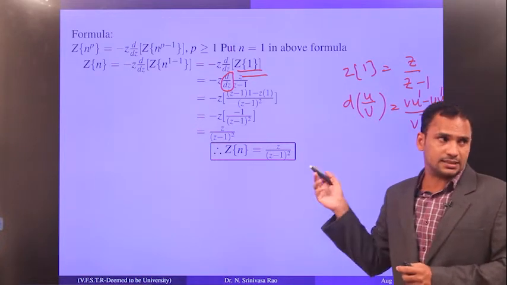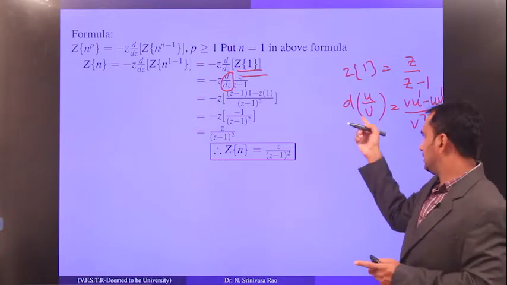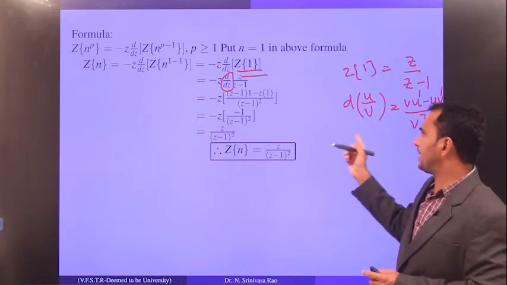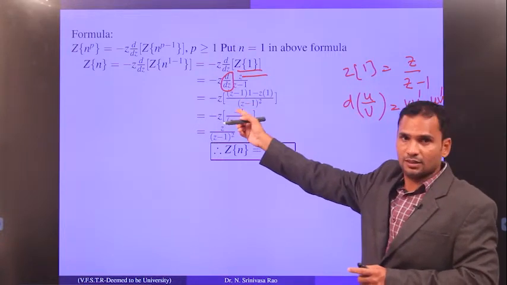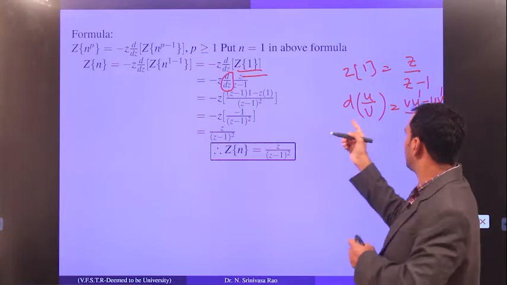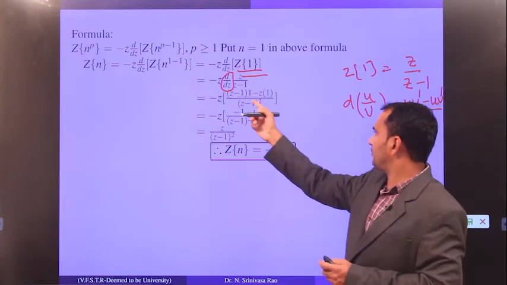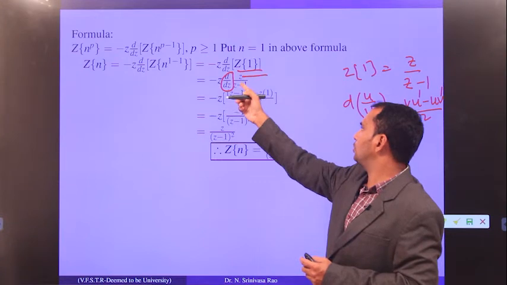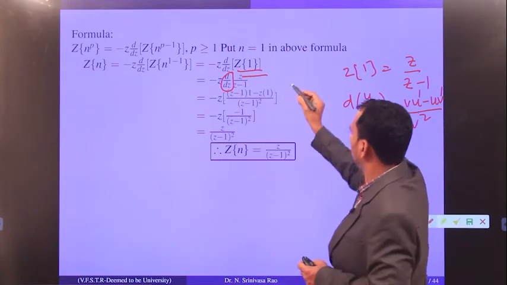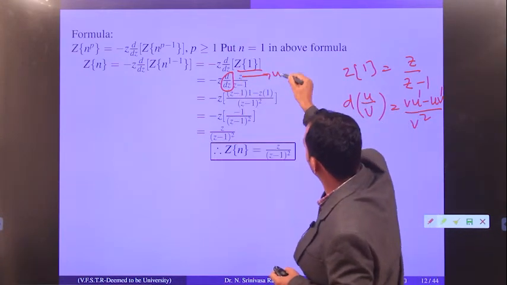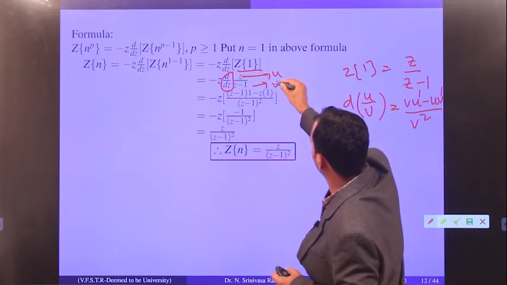Everybody remember, this is the formula for the derivative of u by v. The same concept we are using here. Here this is u and this is v.